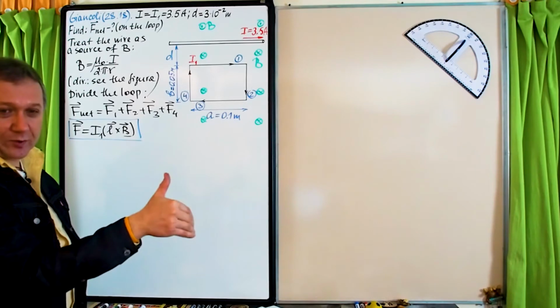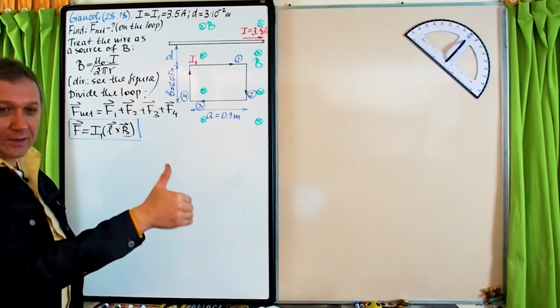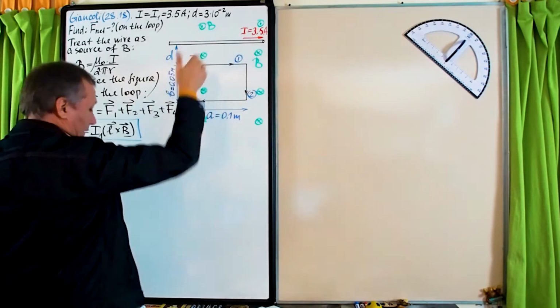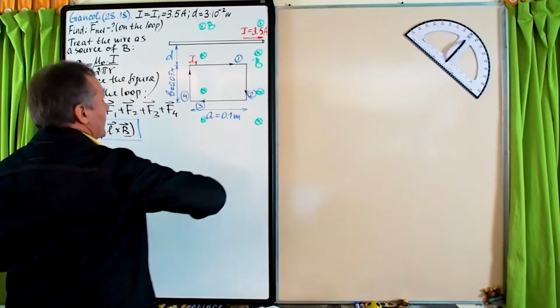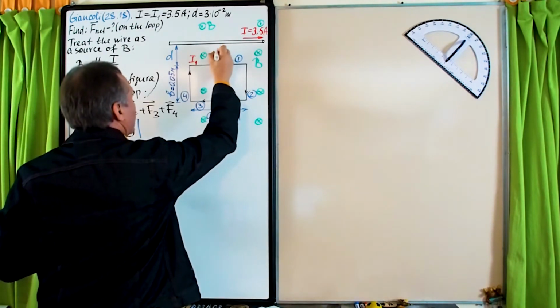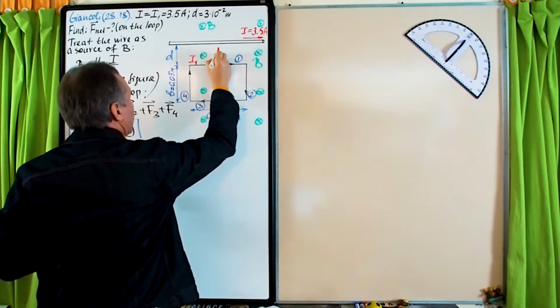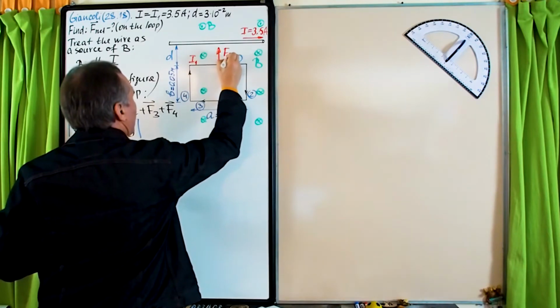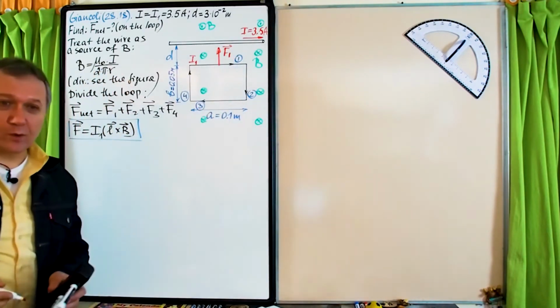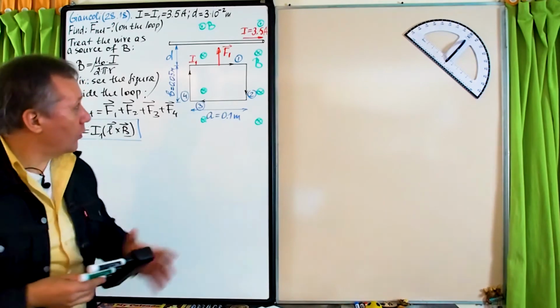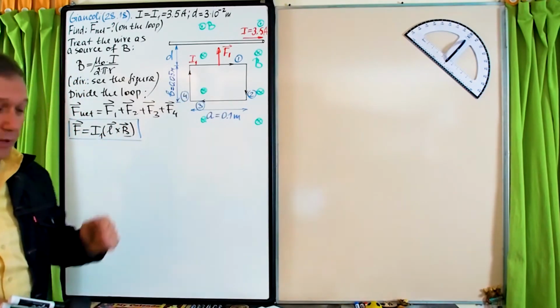You see? As a result, the magnetic force is straight up. So that will be the direction of the force F1. Okay, let's do the same for all 4 pieces of the loop.